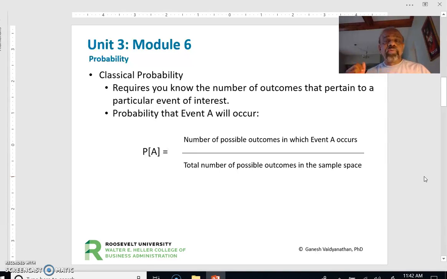So if you're rolling 1 dice and you want a 1, the probability of getting that 1 when you're rolling a dice is 1 over what is the total number of outcomes? That is 6, right? So it is 1 over 6.